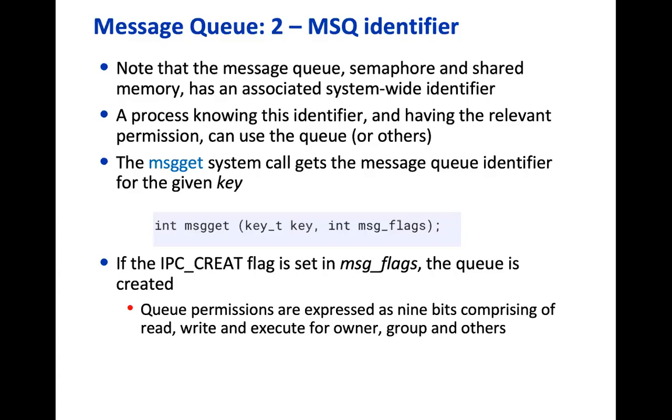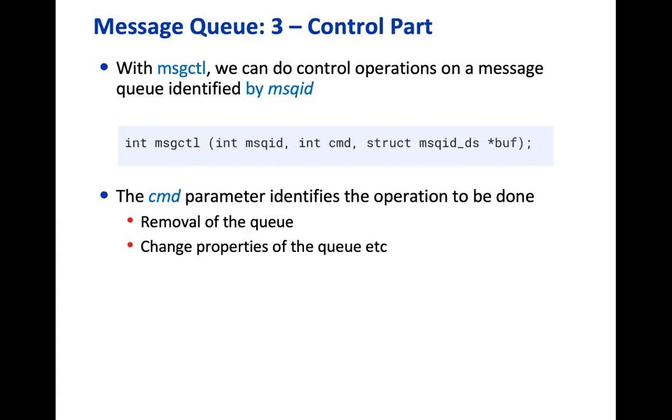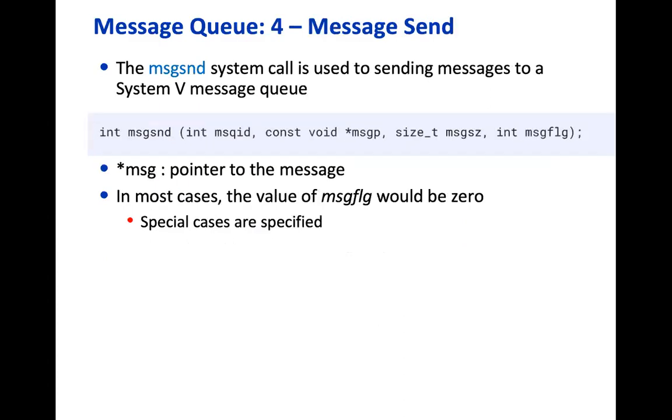This is to get the queue identifier. Once the queue ID is there, it can be used for sending and receiving, like this is msgsend. It has to specify the queue ID and then the message that it wants to send.